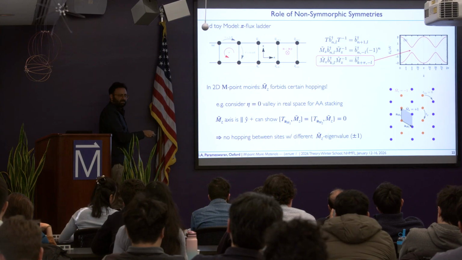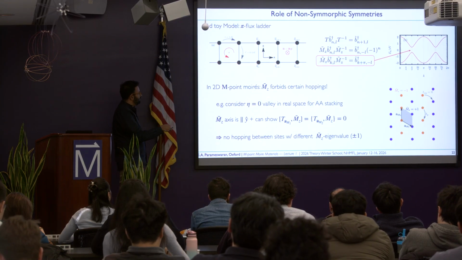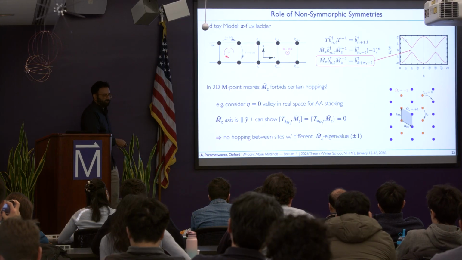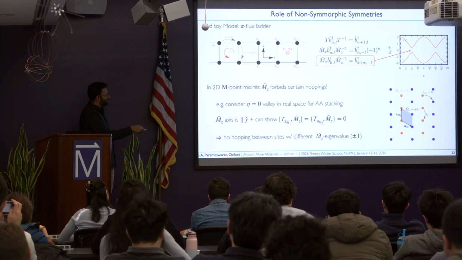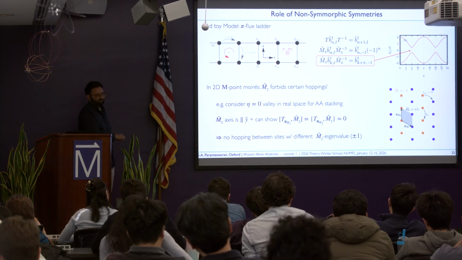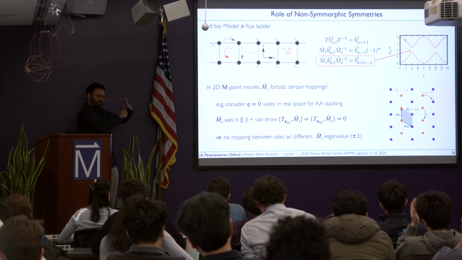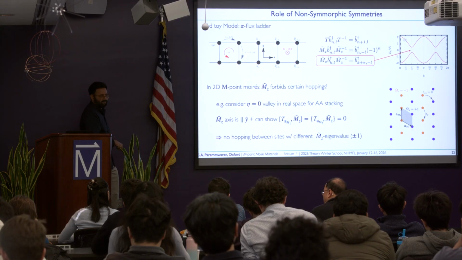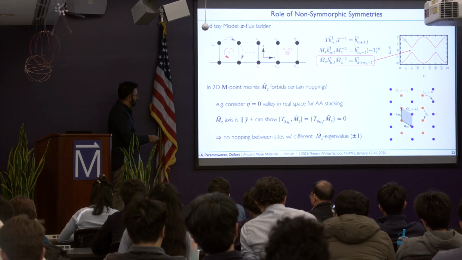This goes back to a picture somebody asked about. Think of the eta equals 0 valley, but now in real space for the AA stacking configuration. The reason the stacking is important is that it's for the AA stacking where this MZ exists as an exact symmetry. In other stackings, it doesn't. Because it shifts the layers, whether the symmetry exists or not is sensitive to the stacking. We'll see how this can arise in a minute.